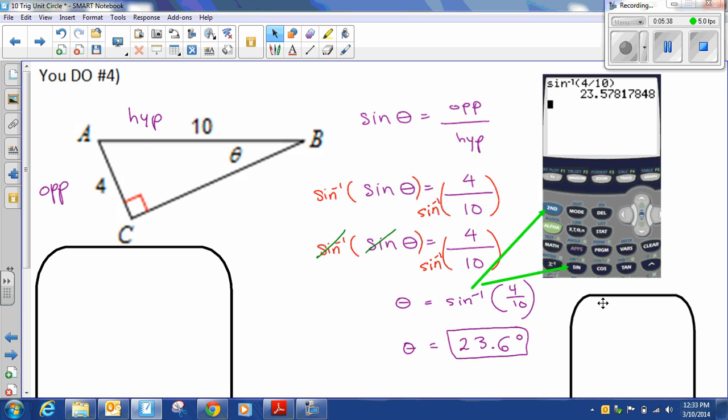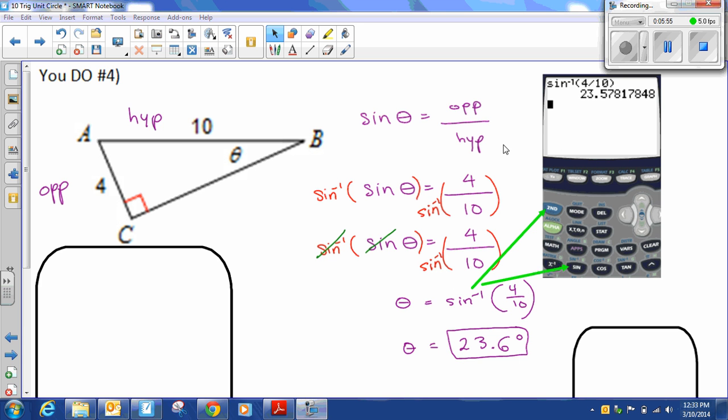Here's the u-do, and as you can see, from the angle of perspective, we have opposite and hypotenuse, which is sine. So we plug in sine of theta is 4 over 10, and because we are trying to solve for theta, we need to get rid of sine.